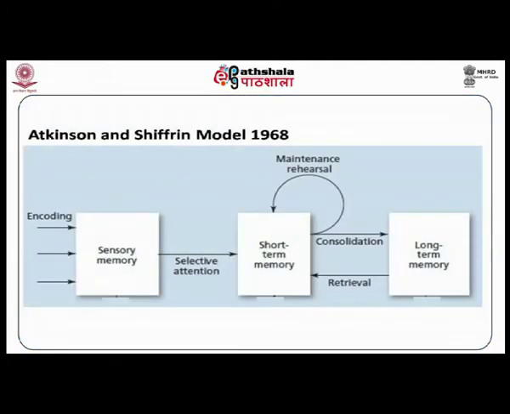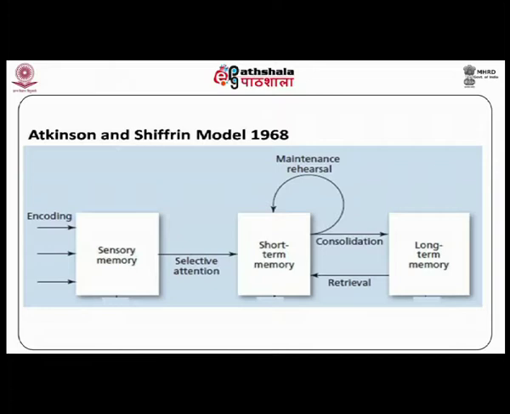We can see in this diagram, which is the multi-store model, where there is an environment, which is basically an input provider. It passes through our sensory memory, which further enters into our short-term memory.